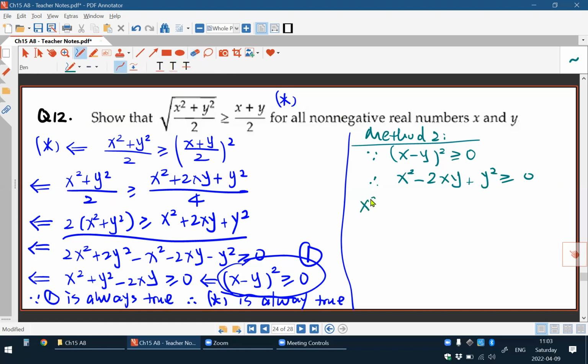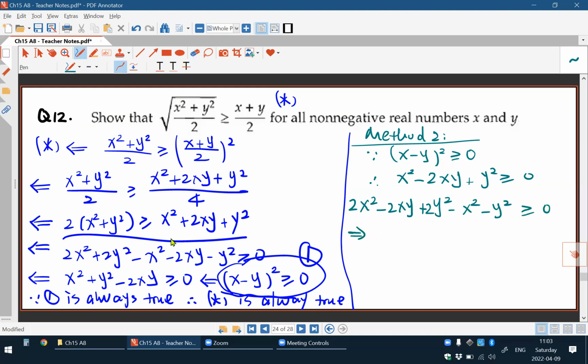The left side is x squared minus 2xy plus y squared. This is actually the left side, right? Greater than or equal to 0.